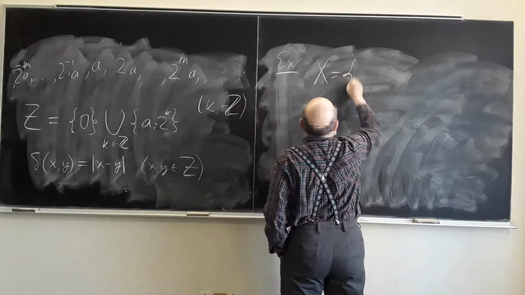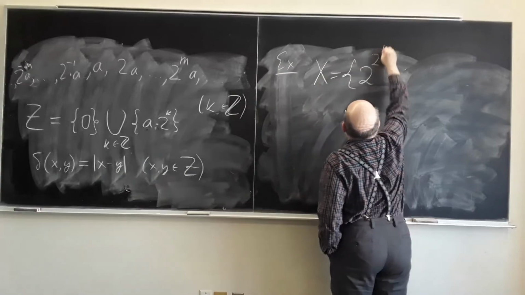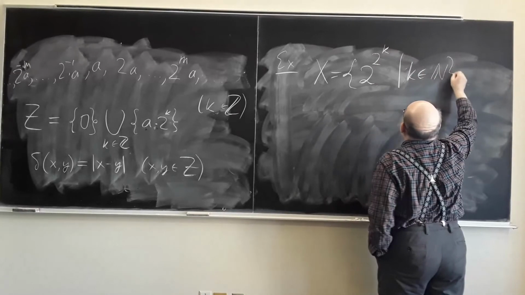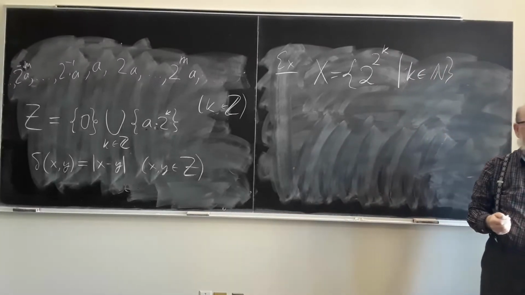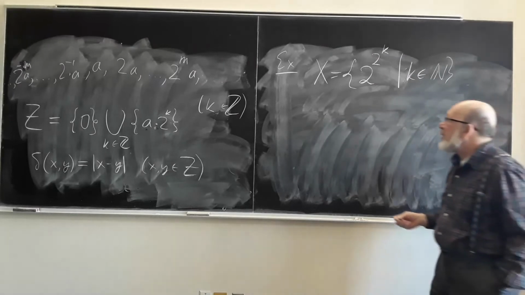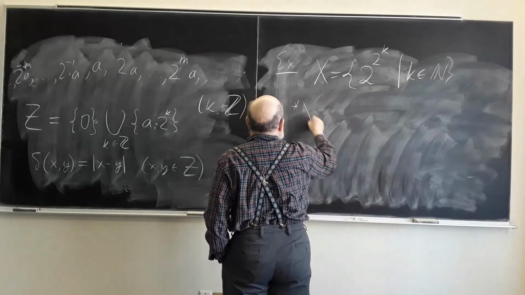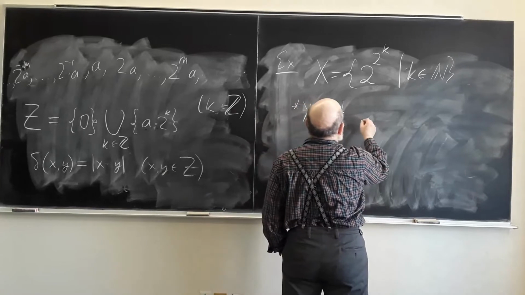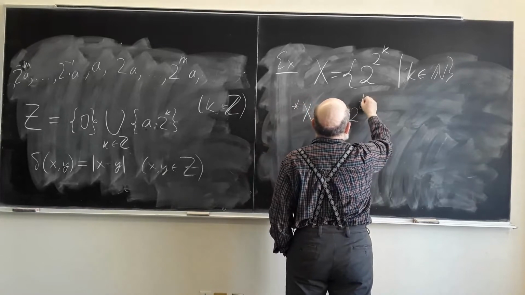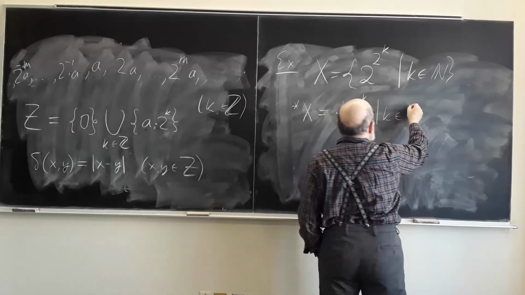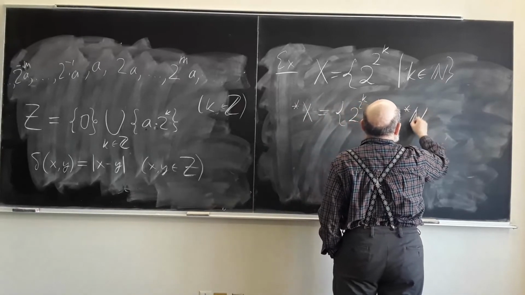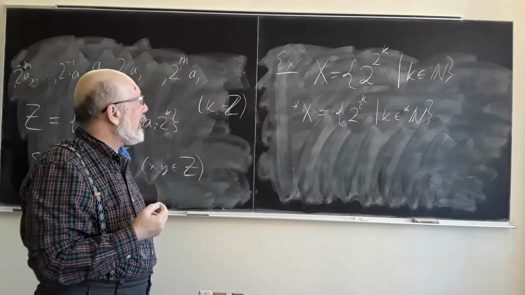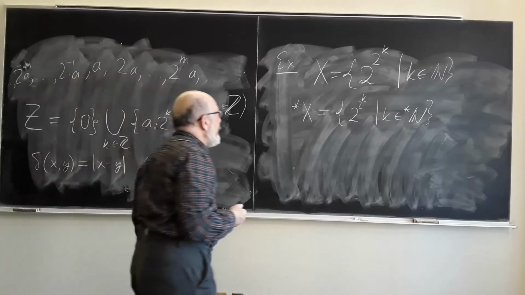Okay. Now let's consider one more example of this sort. X is the set of points 2 to the power 2 to the power k. And consider star x equals the set 2 to the power 2 to the power k, such that k is in star N. This is the set star x.